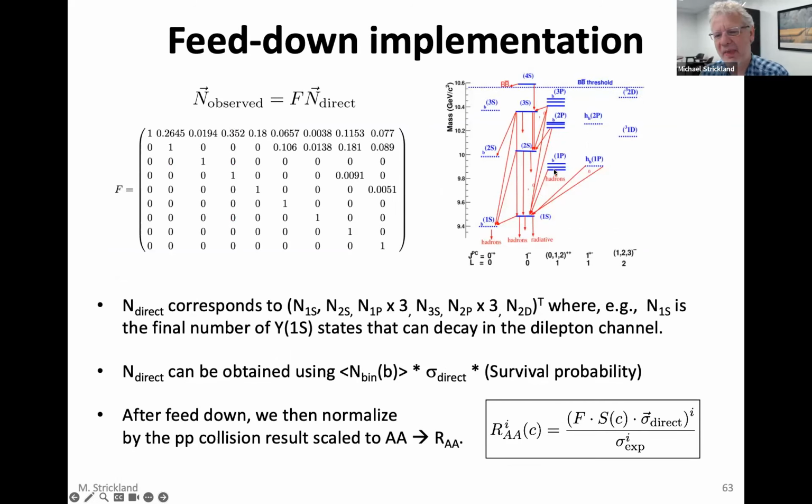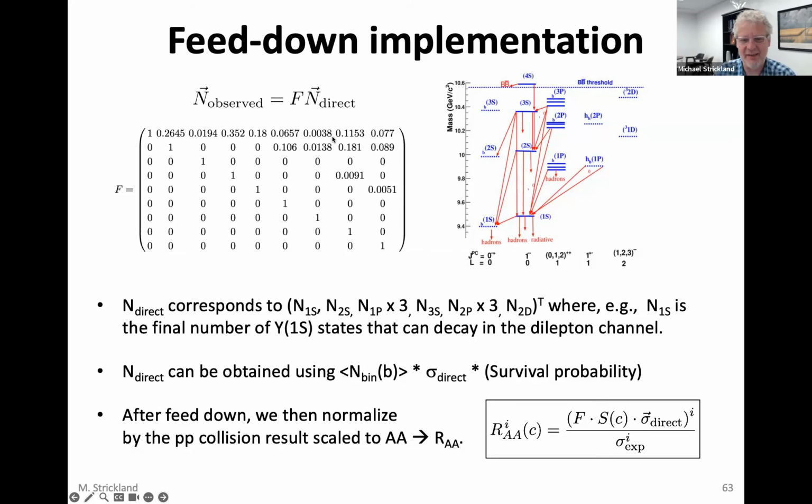But that occurs on a much longer time scale than the quark-gluon plasma. Quark-gluon plasma lives 10 to the minus 22 seconds. This is happening on a time scale of like 10 to the minus 14, which is still short, but orders and orders of magnitude longer than the quark-gluon plasma lifetime. So you can factor these two pieces into separate bits. At late times, you just apply some feed-down matrix. So you get a vector of survival probabilities for all of the states that you've simulated.